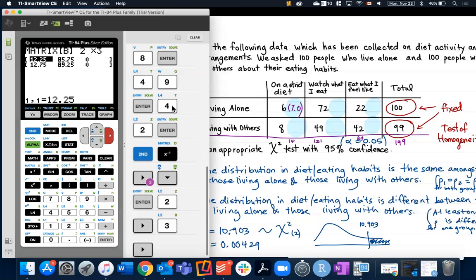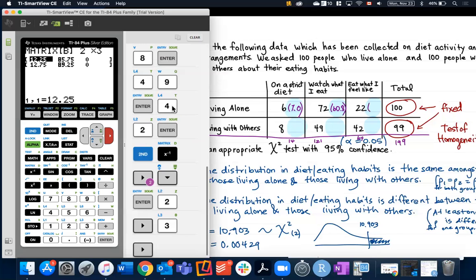So for the 72, those that are watching what they eat and live alone, the row total is 100 times 121 is the column total, divided by 199 gives me 60.8. Okay. And then for the 22, we do 100 times 64 divided by 199.